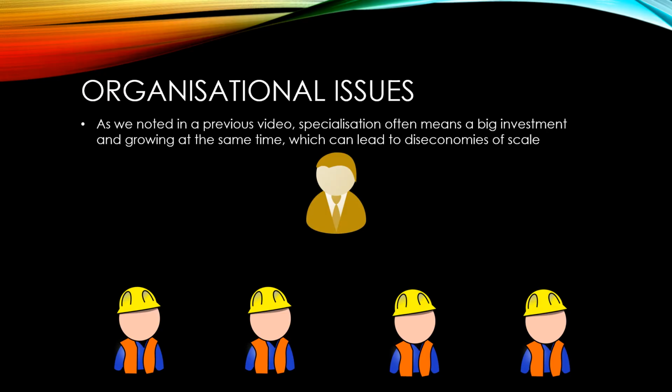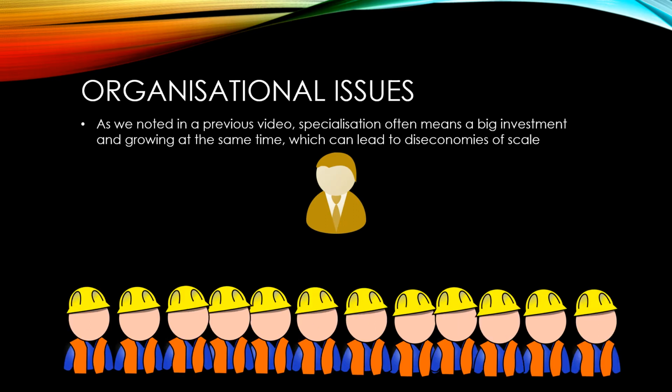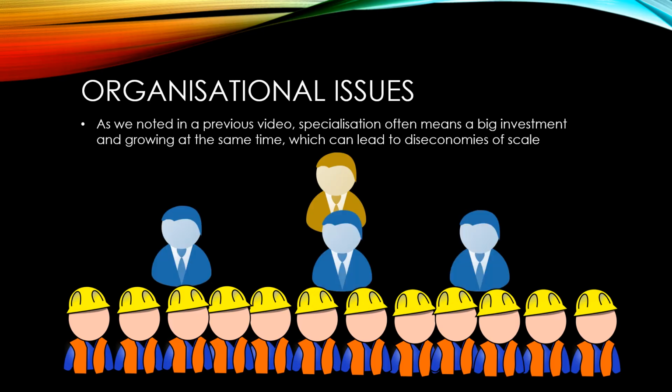However, as the firm starts to grow in size and takes on more workers, there can be a loss of control. The workers may not work as hard if they are not supervised as well, and this might require the organisation to bring in another layer of management. This presents extra costs to the firm and may mean having to increase the price of their product.